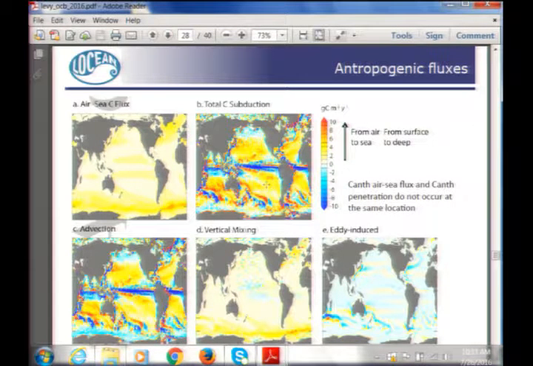You can now look at this from a regional point of view, and so if you just look at these two diagrams here on the top, you have the air-sea flux of anthropogenic carbon predicted by the model, and the total subduction of anthropogenic carbon predicted by the model. I think what's interesting here is to see that the air-sea flux and the penetration do not occur at the same location, and that's of course because the processes are different.